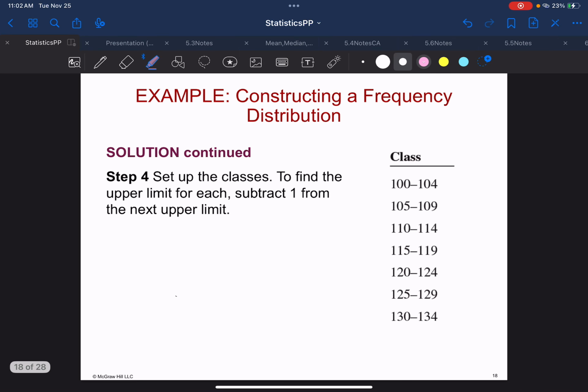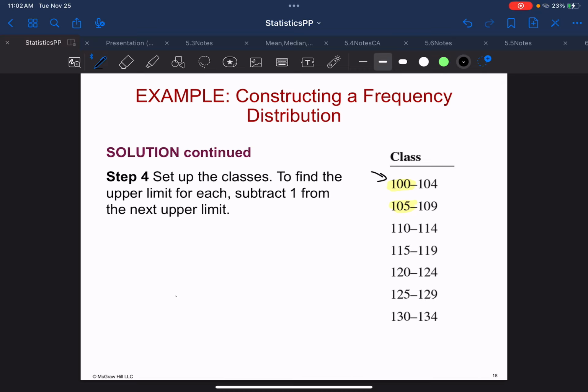Okay, so here is our class. I start with 100, that's the lowest. I want this to have a range of 5. So if I add 5 to 100, that will give me 105, and that will be the lower limit of my next class.